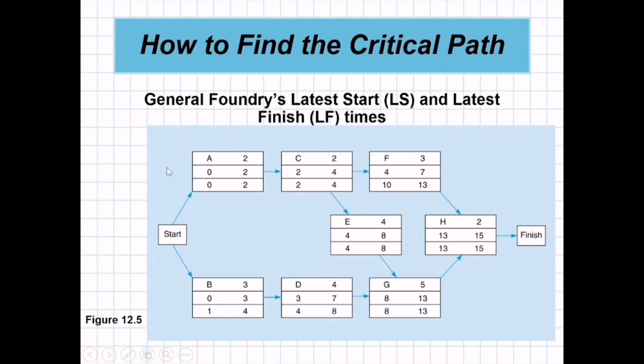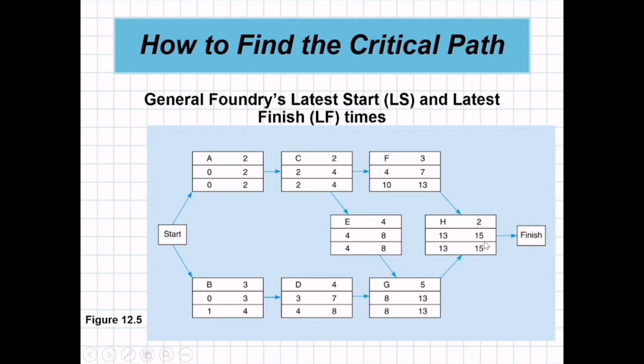So we will not start with activity A anymore. We will start with activity H. Since our earliest finish for the last activity is 15, we will start our latest finish with 15.